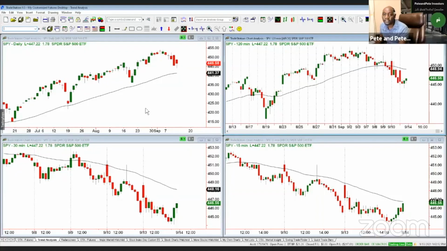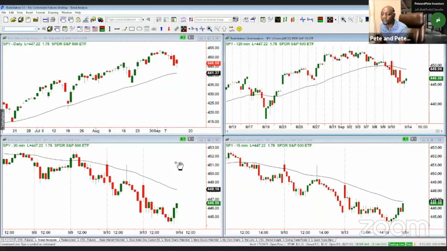So for instance, now this is a workspace for what? We have 4 windows. And let's say we were looking at SPY, the ETF. And instead of looking for a chart, for the daily chart, and then we search for another one for 120 minutes or 60 minutes or 15 minutes, all of them are put in one place.